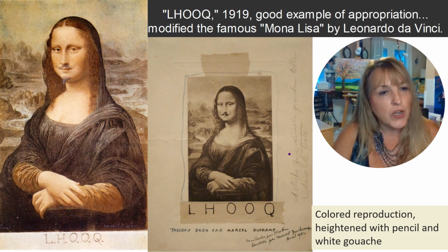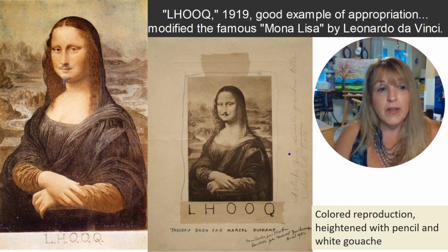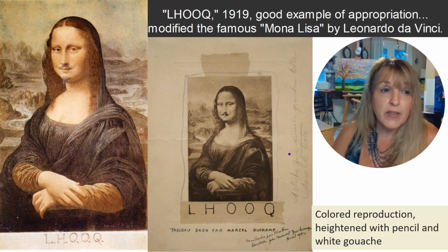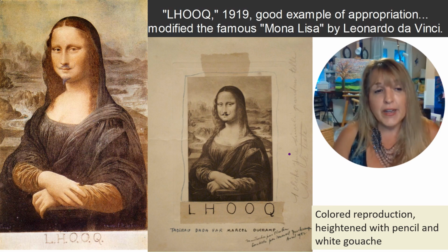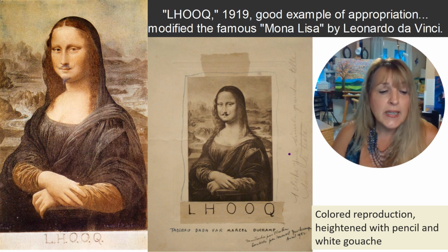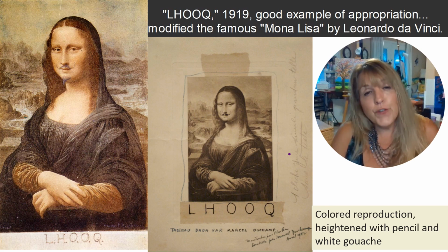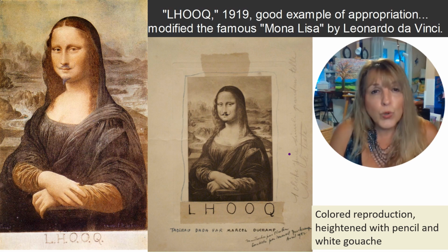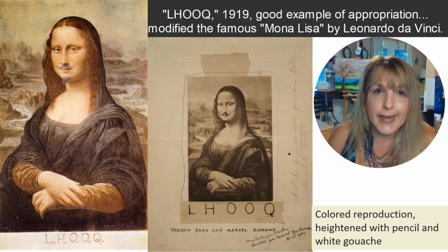L.H.O.O.Q. Here, Marcel Duchamp actually took basically an image of Mona Lisa and he appropriated it. He changed it. He made it his own. He gave her a little mustache and a little beard, and he wrote L.H.O.O.Q., which basically means, if you're a French speaker, and I'm not, if you say L.H.O.O.Q. a certain way, it sounds like she has a hot ass.